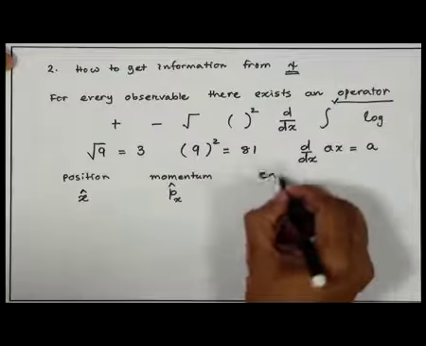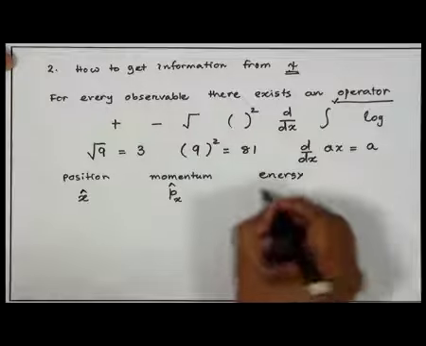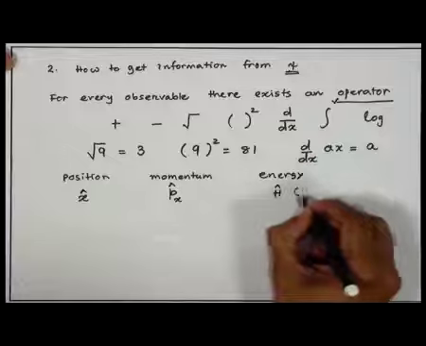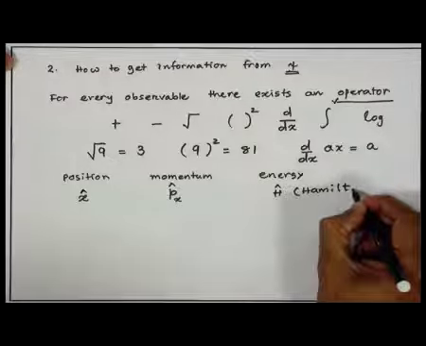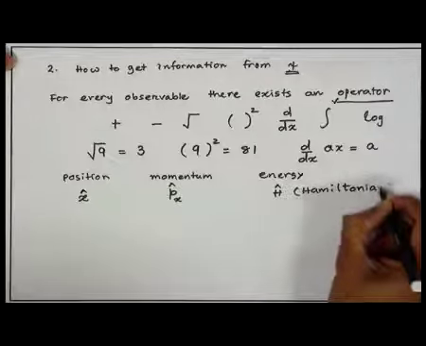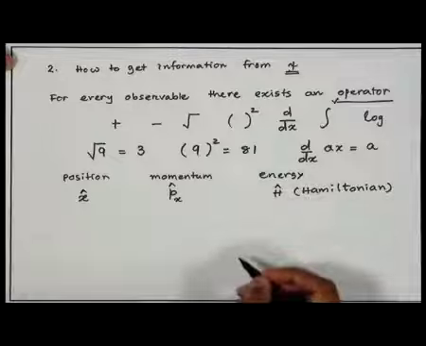I may want to know about the energy of the system. The energy is associated with an operator which is called the Hamiltonian. It is named after the British scientist Hamilton. This is H with a hat on top of it.